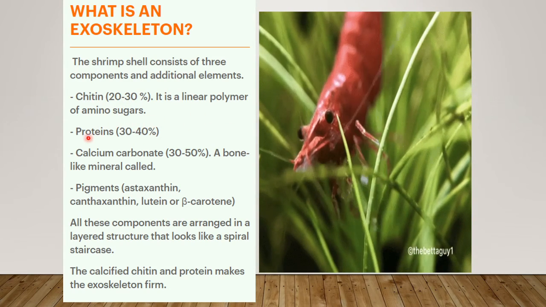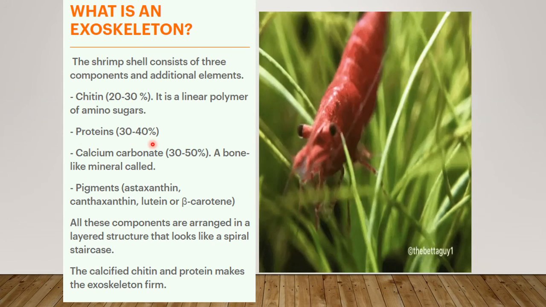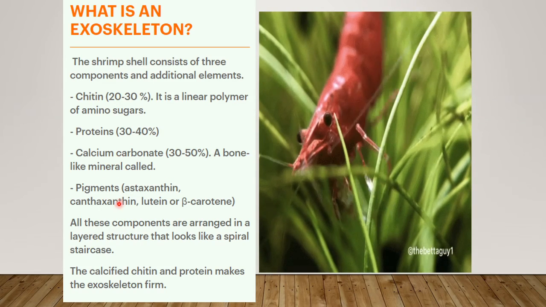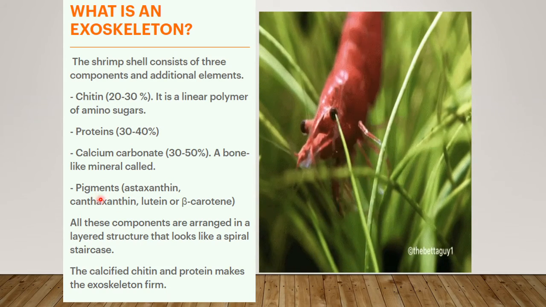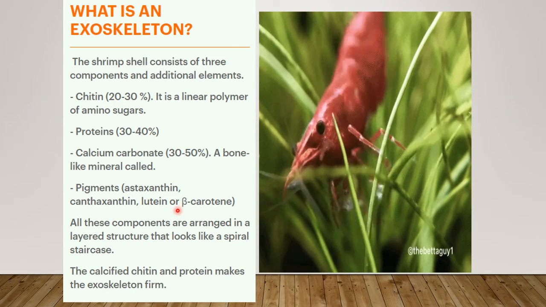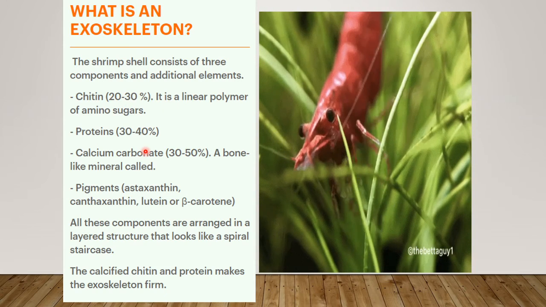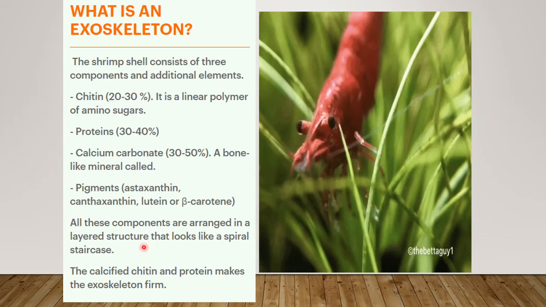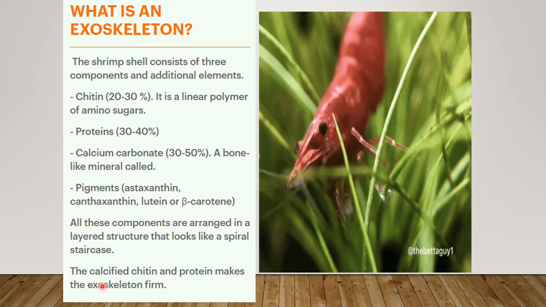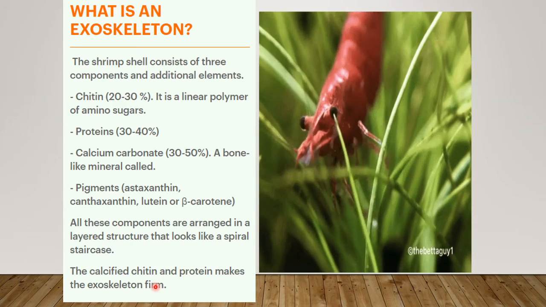Then the next element is protein, that is 30 to 40% of protein, 30 to 50% of calcium carbonate, and it also has pigments like astaxanthin, canthaxanthin, lutein or beta carotene, and all these components are arranged in a layered structure that looks like a spiral staircase. The calcified chitin and the protein makes the exoskeleton firm.